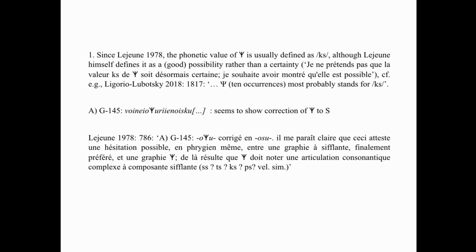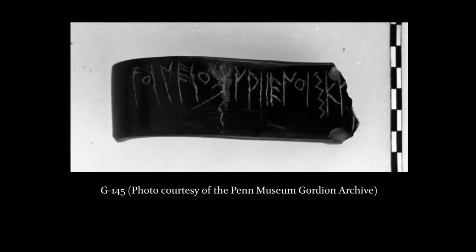One of them is a graffito from Gordion, which looks like that. Lejeune observed that the central part is, as you can see, quite peculiar.